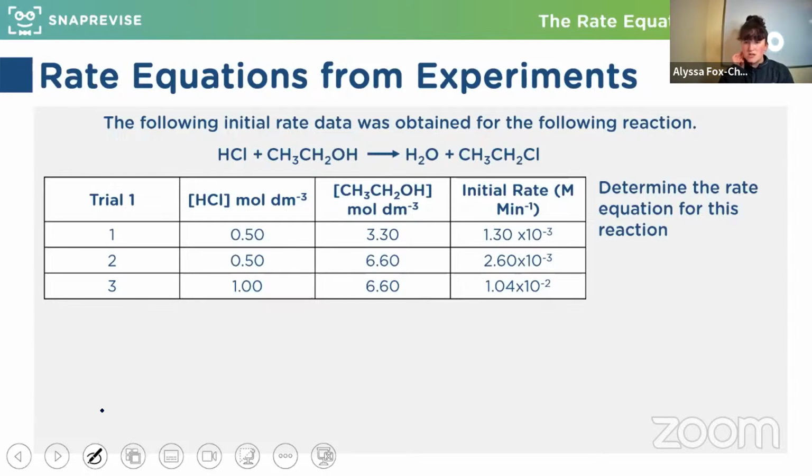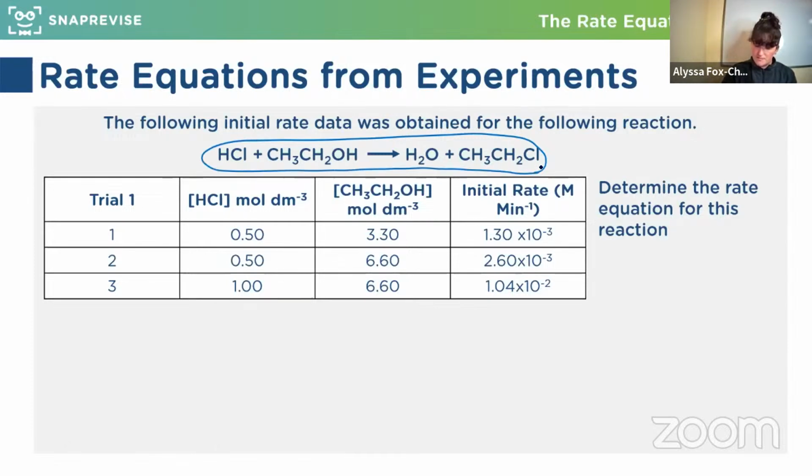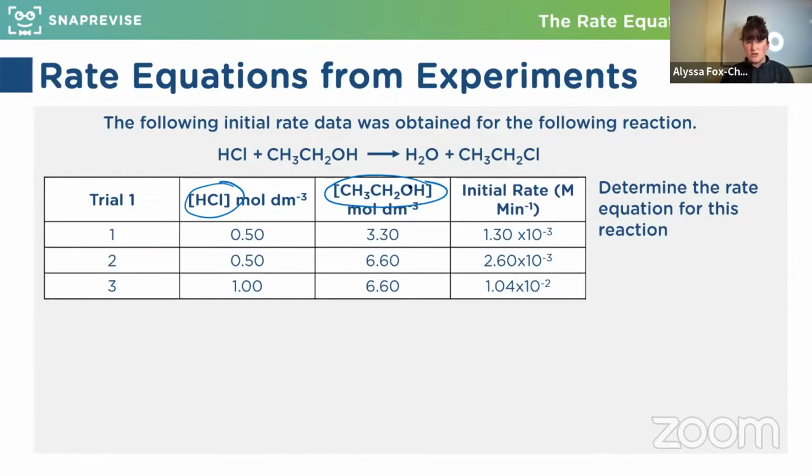So for those of you that aren't quite as confident about this, I'm just going to explain the context here nice and quickly. Here we have a reaction. It's actually the one that we were looking at a little earlier. HCl plus ethanol goes to make water and chloroethane. We have added together our HCl and our ethanol in varying amounts of concentration.